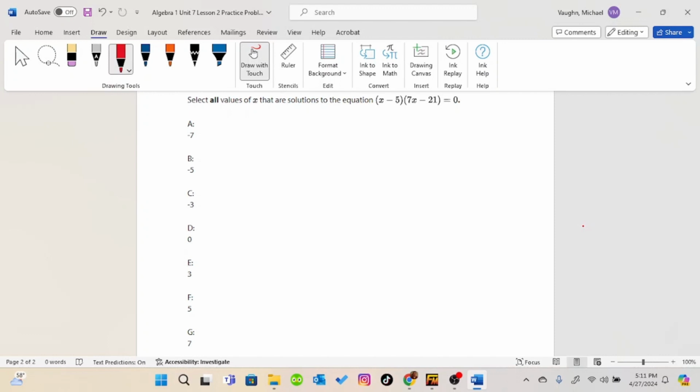To multiply two numbers together and get 0 as an answer, one of those two numbers must itself be 0. So either x minus 5 equals 0, or 7x minus 21 equals 0. One of those two must be true.